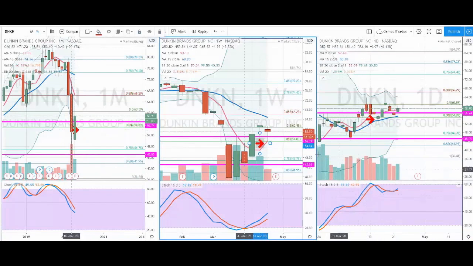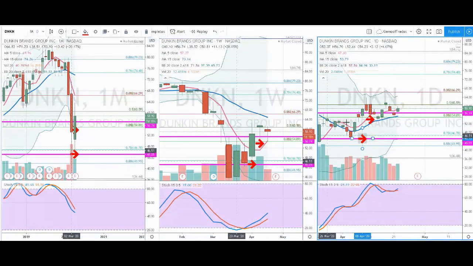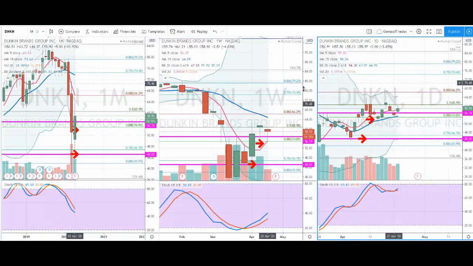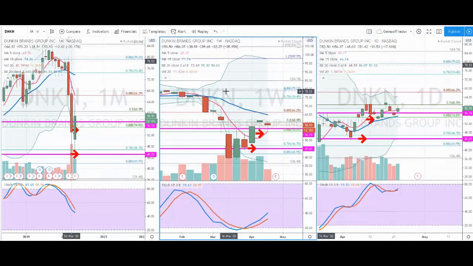And then if for some reason this continues to sell off, then we want to watch for the 45.05 area right here. What this area is called is a market structure low pattern trigger. This is a very simple price action pattern where you measure lower lows.